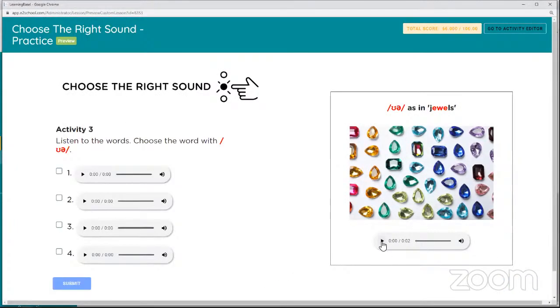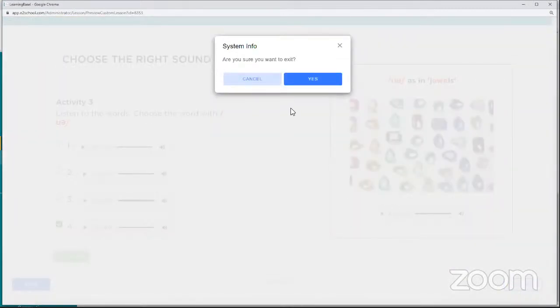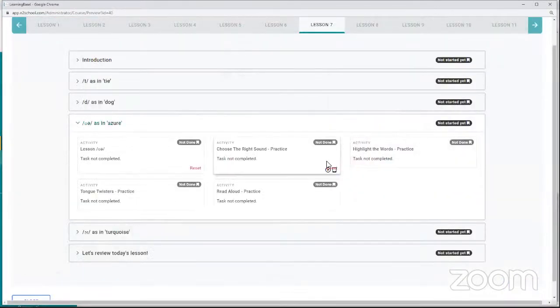And this one? Ferry, furry, fairy, fury, ferry, furry, fairy, fury. Fury. Good work.